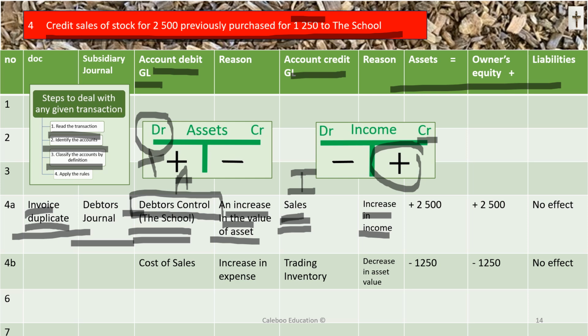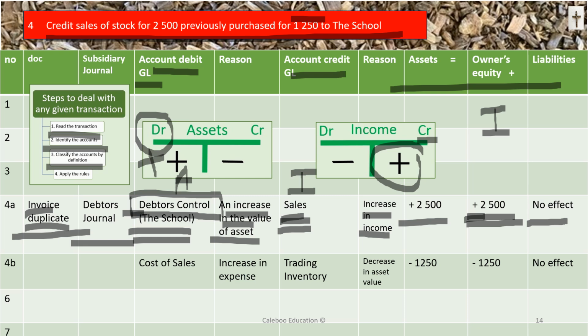The effect on the accounting equation, these posters were sold for 2,500: a plus under assets because debtors value increased, a plus under owner's equity because income increases owner's equity. An increase in income is a plus under owner's equity. Liabilities, there is no effect.